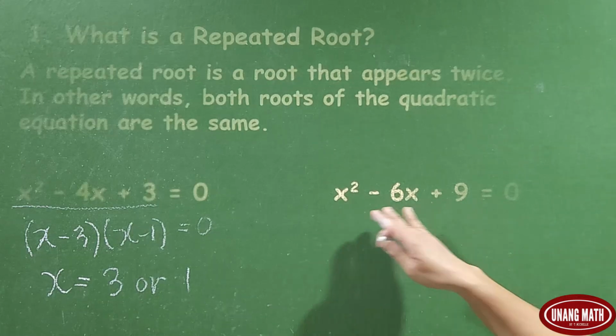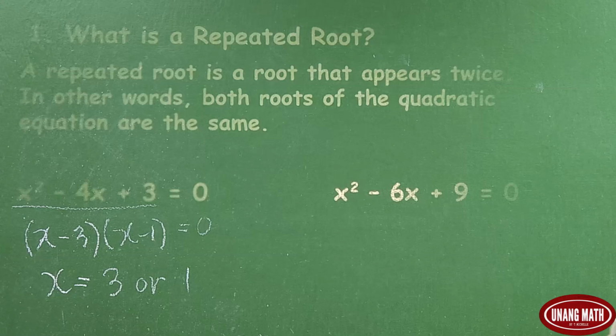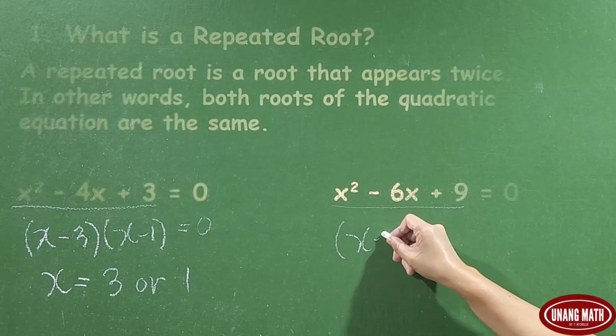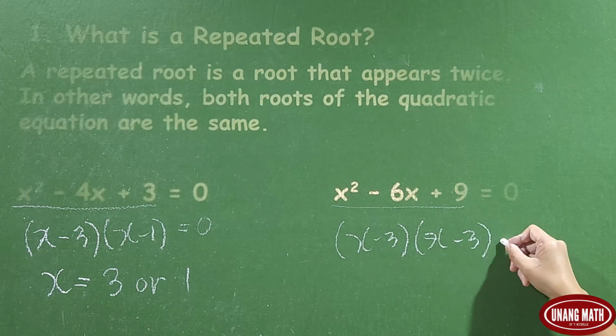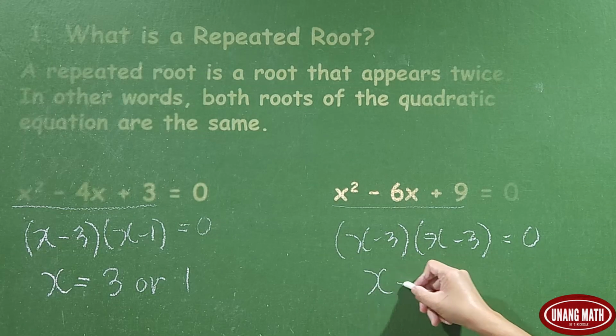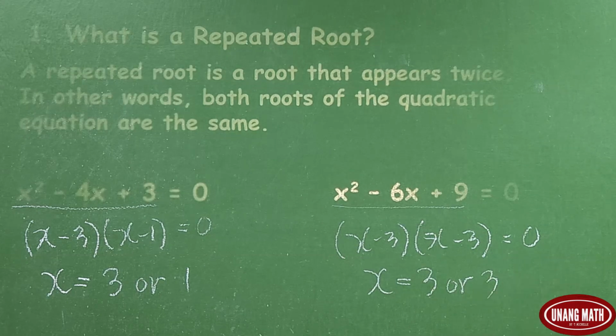Okay, how about here? x squared minus 6x plus 9 is equal to 0. Factor this out, we will get x minus 3 times x minus 3, and this is equal to 0. So the solutions are x is 3 or 3.